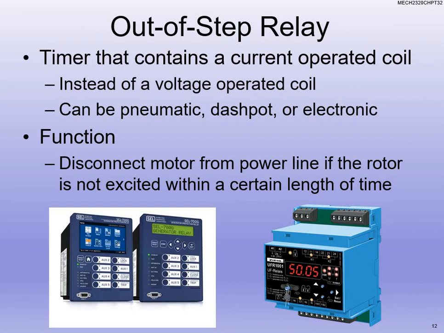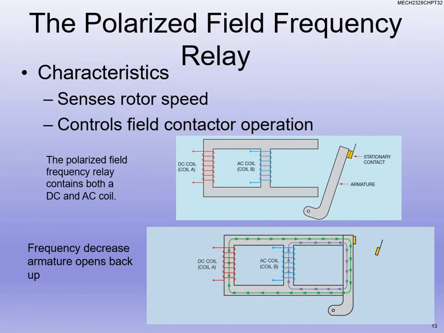So we use an out-of-step relay that's in line and it's just checking to see if the rotor is actually excited or started up. Okay, we can also use a polarized field relay for this. What this one's doing is it's sensing the rotor speed. All right, so based on the speed, it can control the contactor, whether the contactor opens and closes.